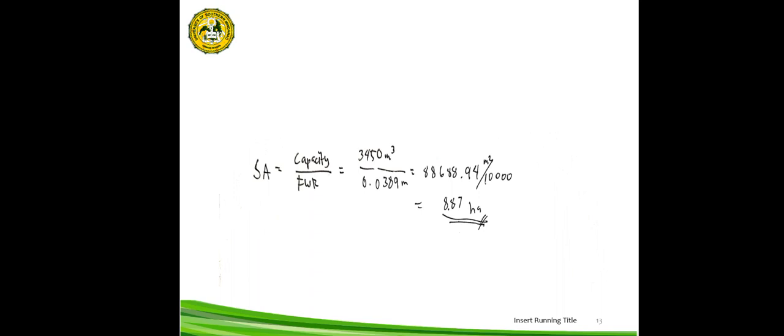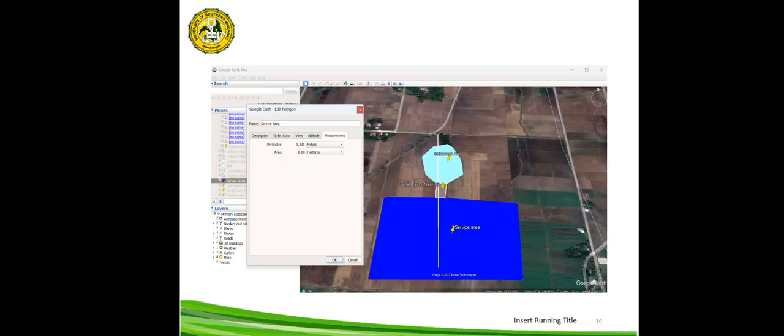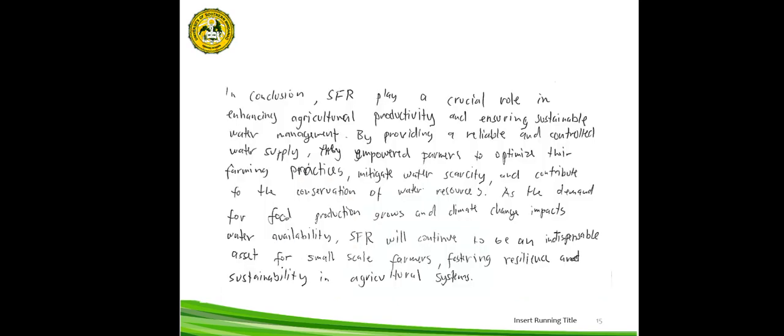So our service area is 88,688.94 meters squared, divided by 10,000 to become hectares, which is 8.87 hectares. This is the service area, which is the blue area, using Google Earth Pro.